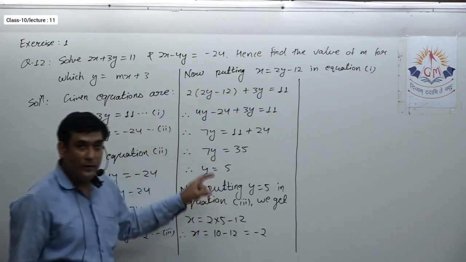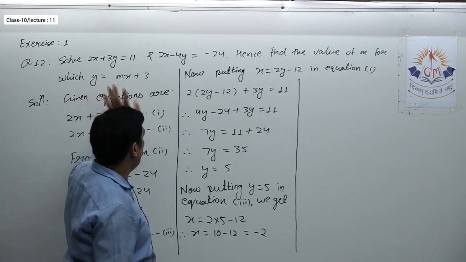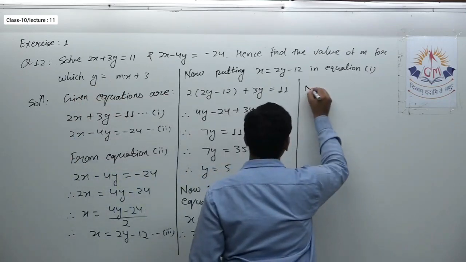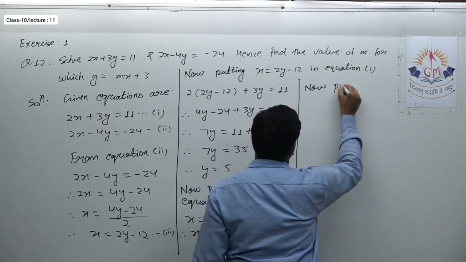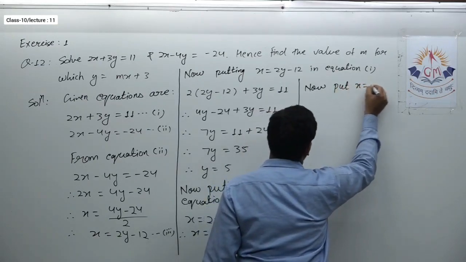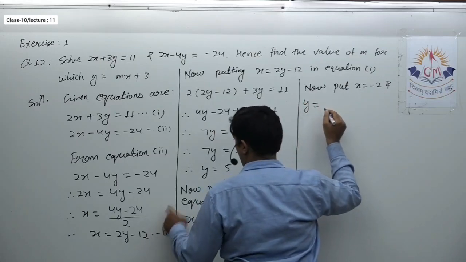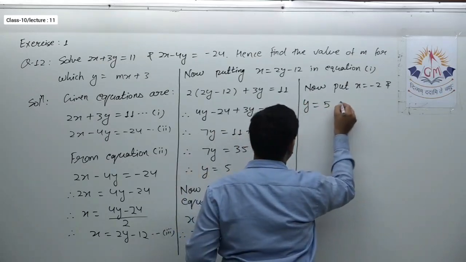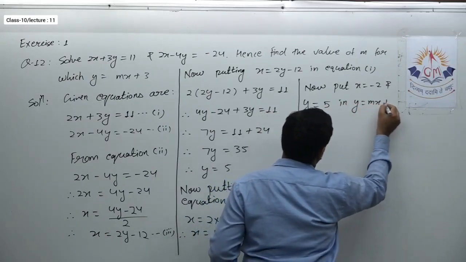Now what do we have to do next? Next we have to find the value of m for which y equal to mx plus 3. So now put x equal to minus 2 and y equal to 5 in y equal to mx plus 3.